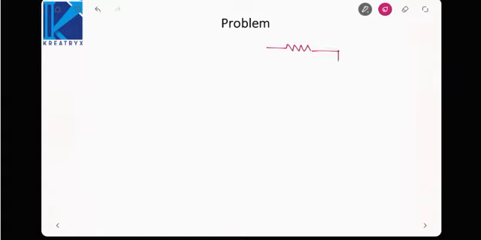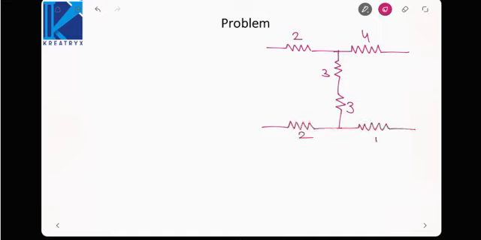It is 2, then 3, then 4. In series, current must remain same. 3, then 2, then 4. So this network will be converted to 2, 6, 2. Or rather, what we can do, in series we know the Z parameters are added.